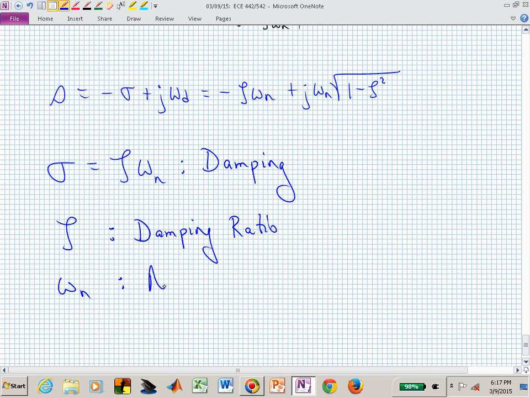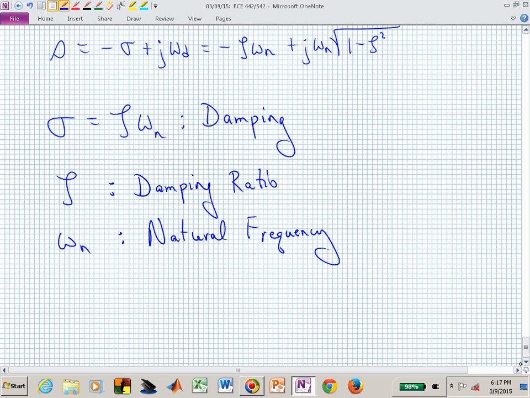Omega sub n is our natural frequency. And omega sub d, which is omega sub n times the square root of 1 minus zeta squared, is our damped frequency.